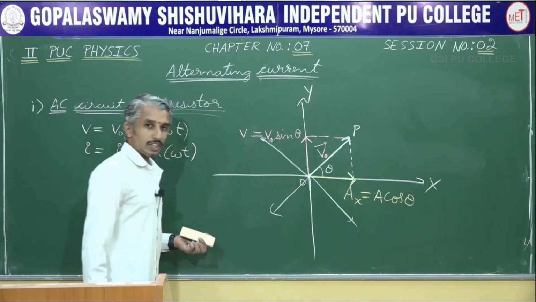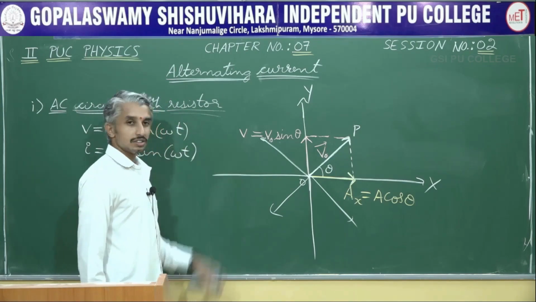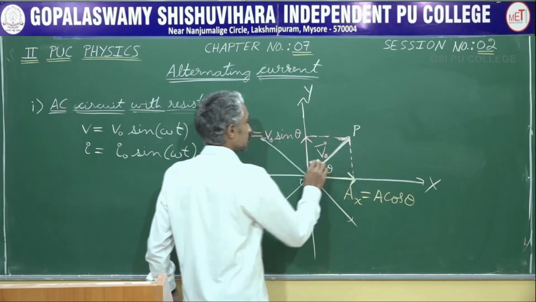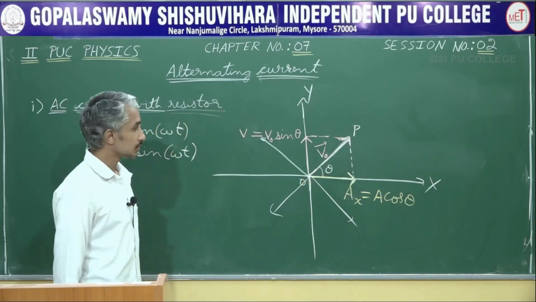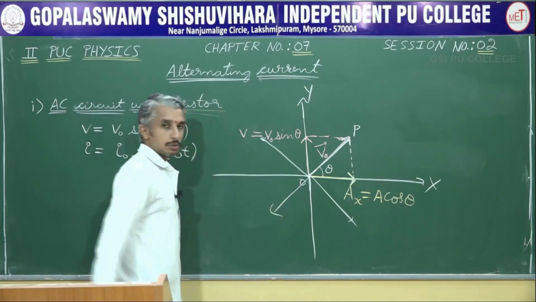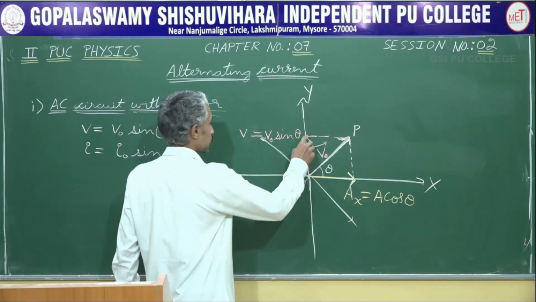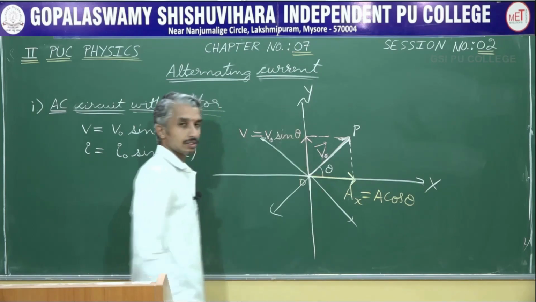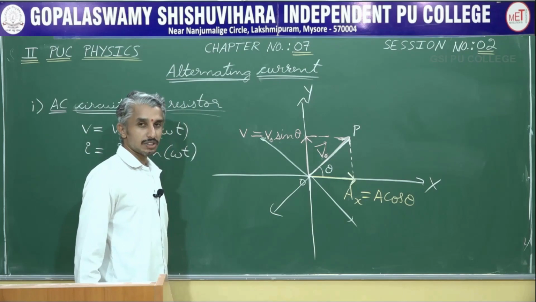So the y component here represents the instantaneous value if the radius vector is the peak value of AC. So representing AC voltage in terms of projection of a vector on the y axis is what is phasor representation.